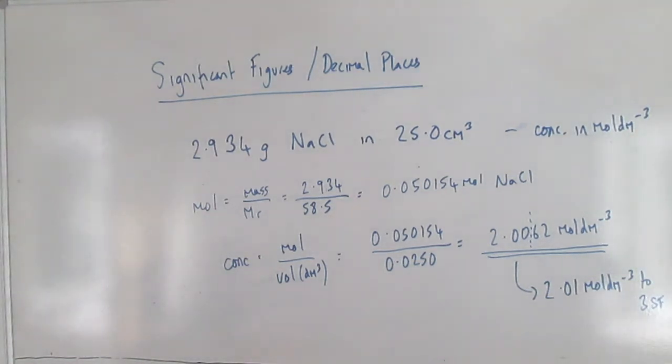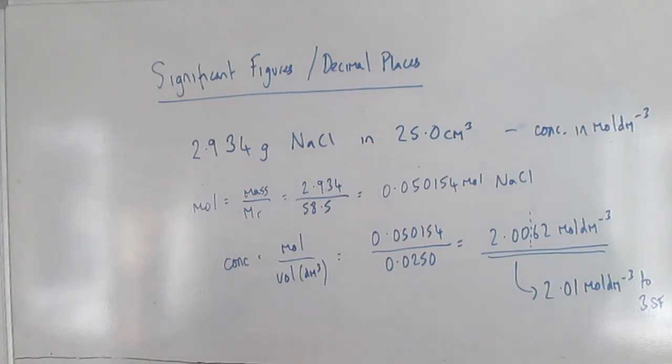Whatever you do, don't say 2.0062, oh that's near as damn it 2, and just give your answer as 2 moles per dm³, because then you've rounded to 1 significant figure, and that's a horrible thing to do. So don't be tempted by those zeros and think, oh, the deviation from 2 is so small that I should ignore it, because you shouldn't. It's real. It's small, but it's real.